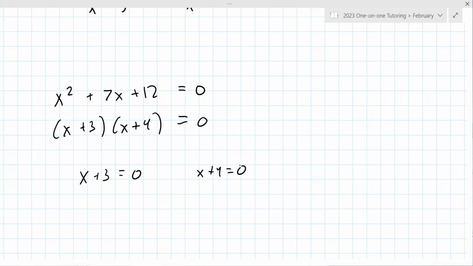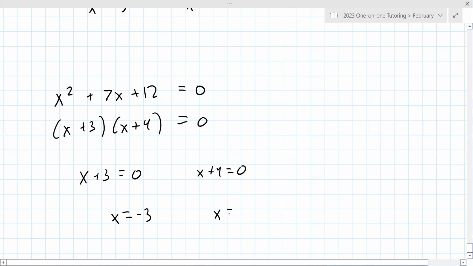And then you subtract 4. x equals negative 4. And subtract 3. x equals negative 3. All right, got it.